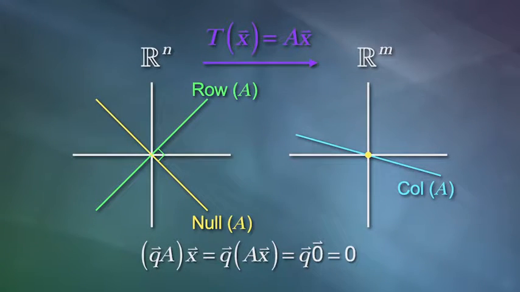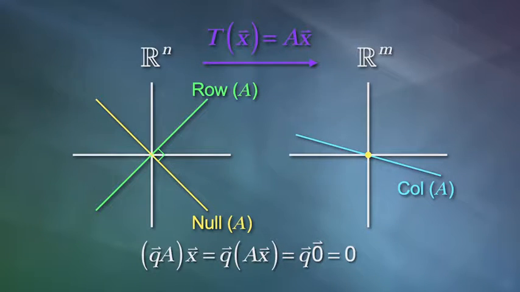We can see why vectors in Row A are perpendicular to vectors in Null A by using our earlier observation that a 1 by m row vector q times an m by n matrix A is a row vector that is a linear combination of the rows of A. So if x is a vector in Null A, then qA times x is, by associativity of matrix multiplication, the same as q times Ax.